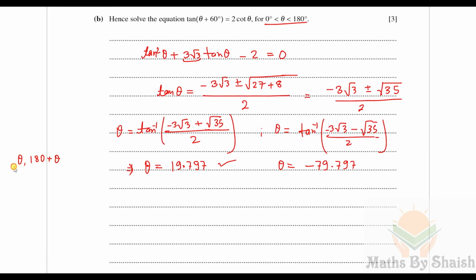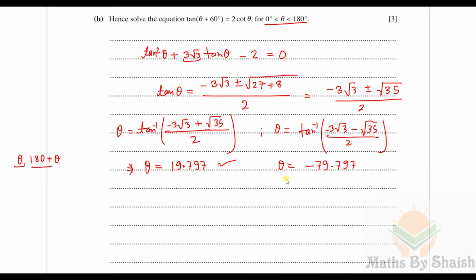So for the next angle from 19.797, 180 plus that is going to be more than 180. So we find 180 plus minus 79.797 for the second value from this one.